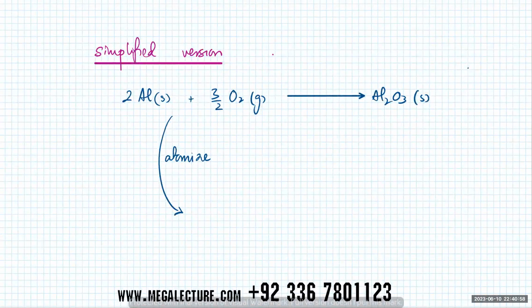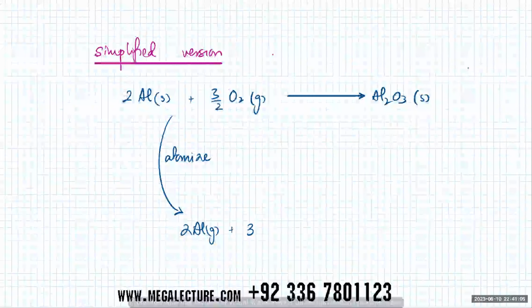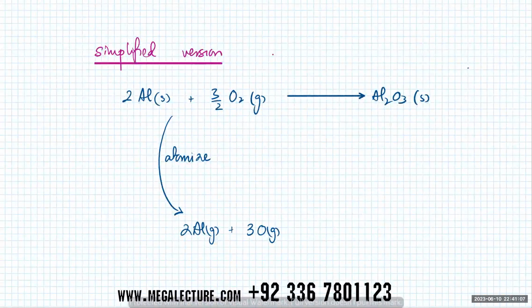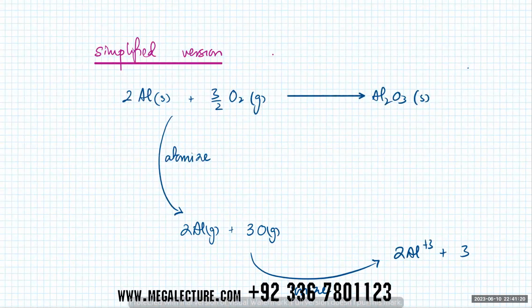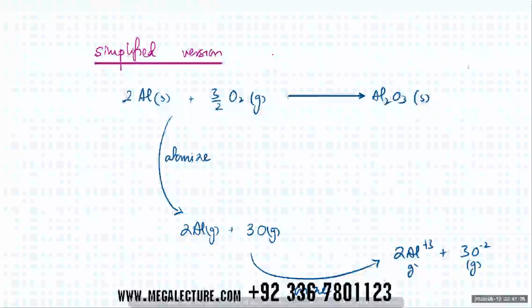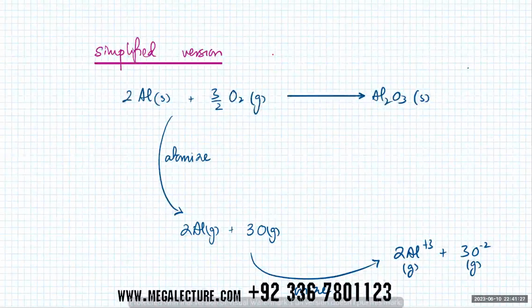So you need to turn them into two aluminium, sorry, gaseous atoms, and three oxygen gaseous atoms. Once you do that, what do you do next? You ionize. You turn them into two Al3+ and three O2- gaseous ions. And once you've done that, this is your lattice energy.